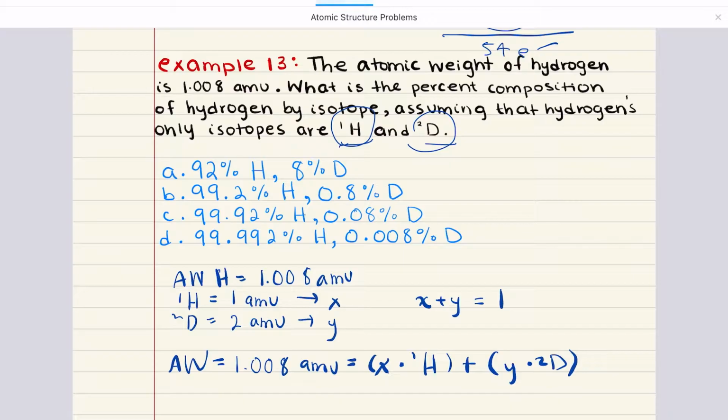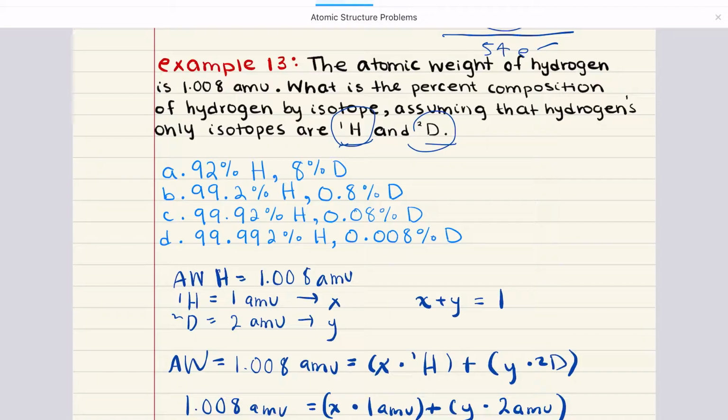And so now what we can write is that 1.008 AMU is equal to X multiplied by 1 AMU plus Y multiplied by 2 AMU, since we know the atomic mass for 1H and 2D.